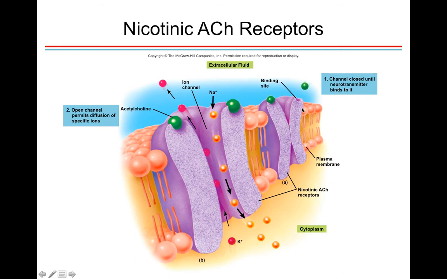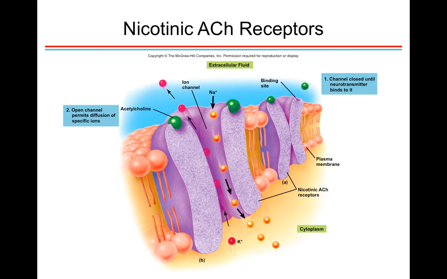Okay, after the two neurotransmitters bind to it, the channel will open, permitting the diffusion of specific ions. In this case, this nicotinic acetylcholine receptor allows the passage of two specific ions. One is sodium, and the second is potassium. So when it opens, sodium will rush into the cell following its concentration gradient, and then potassium will go out of the cell following its concentration gradient.